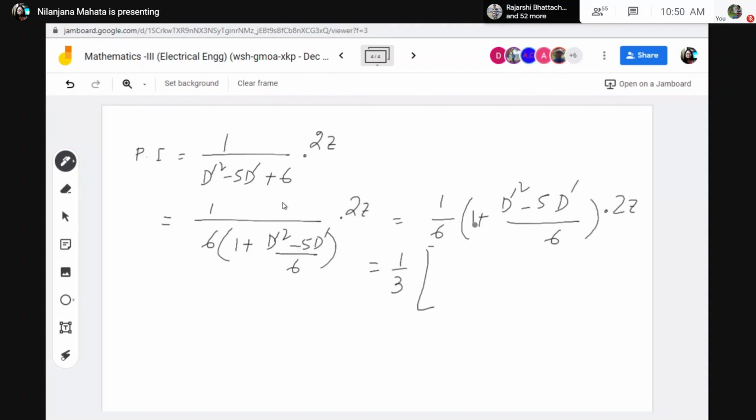Now this expansion is 1 minus nx. Okay, I am not taking the higher order terms because it will be operated on z only, so the higher order terms will vanish.